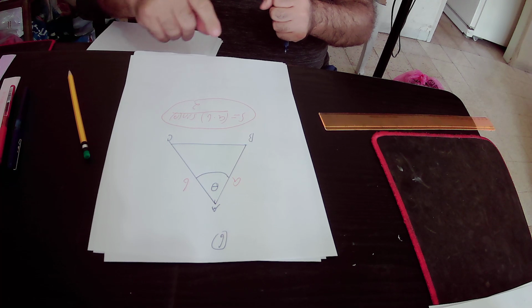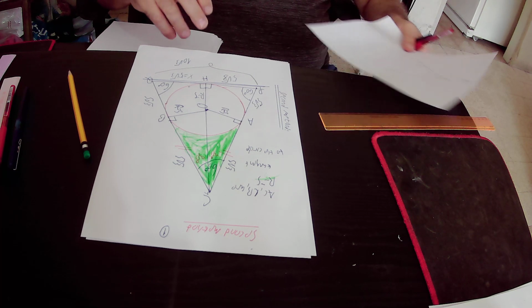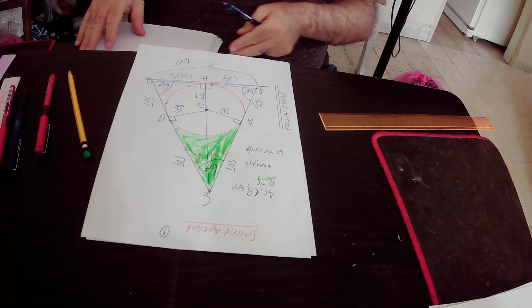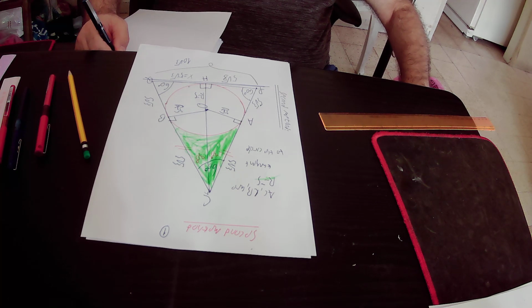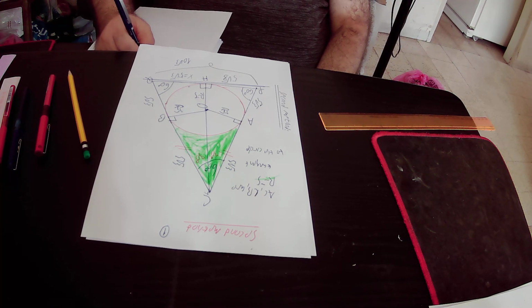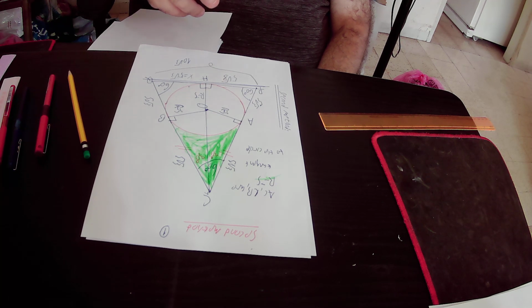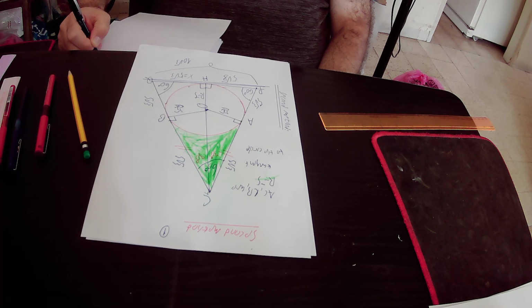So, according to this formula, the area of the equilateral triangle CPQ will be equal to CP times CQ times sine 60 degrees over 2.